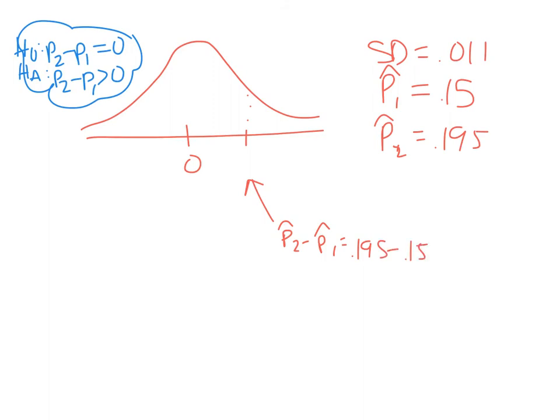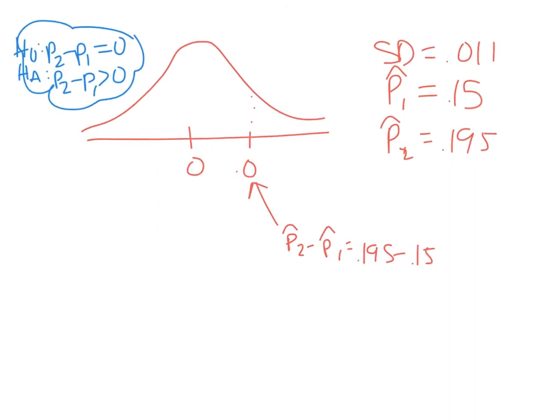I think this gets confusing for some people because there are a lot of p-hats happening here. So this will be 0.045. And because my alternative is greater than, I'm looking for everything greater than that.